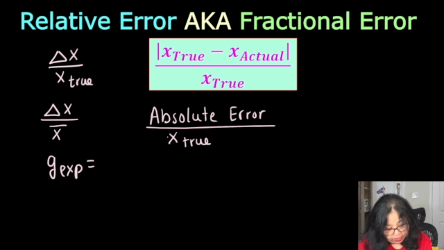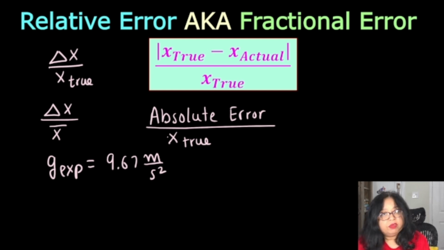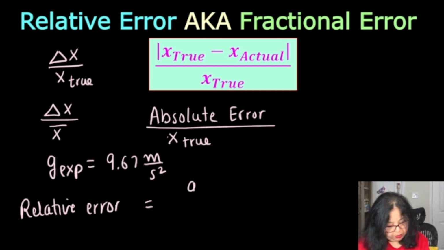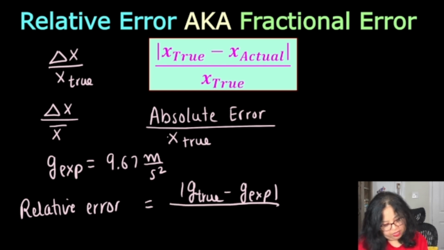For example, let's say you did an experiment, just like we said before, G experimental is 9.67 meters per second squared. Find out the relative error in this value of G. It will be G true minus G experimental, absolute value, divided by G true.